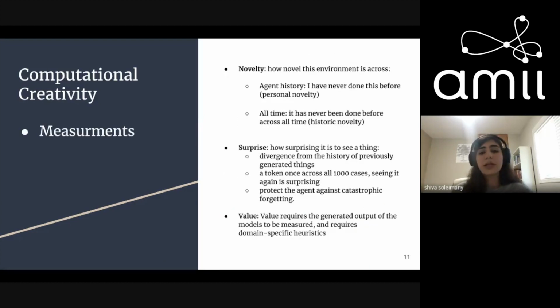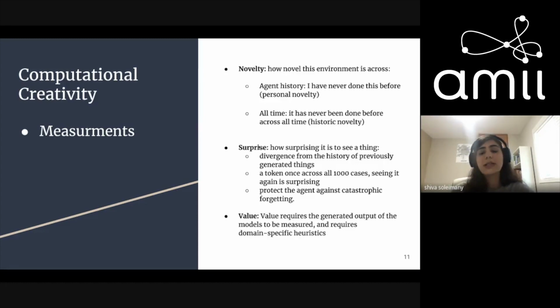We are talking about computational creativity, but how can we measure the creativity of each environment? Three common measurements of creativity are novelty, surprise, and value. There are two types of novelty: personal novelty and historic novelty. In personal novelty, the agent says, I have not done this before, while in historic novelty we say it has never been done before.